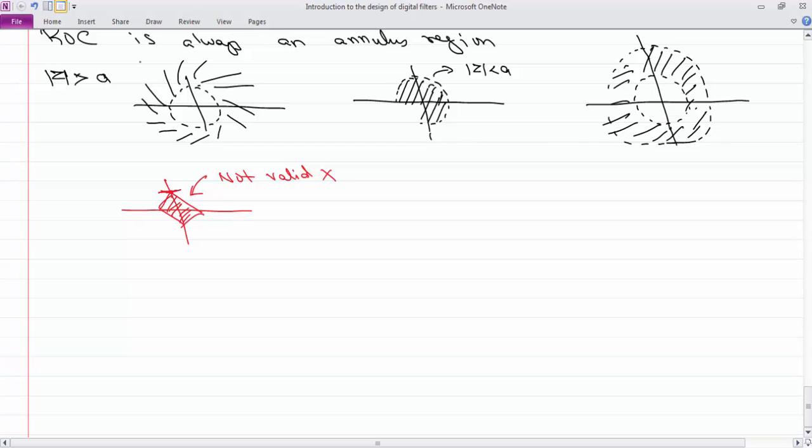So let's find out what is the relationship, and that is a very important thing to find out, because eventually we want to understand the role of Z transform, poles and zeros in the frequency response of an LTI system. So for that, we have to understand what is the relationship between Z transform and the DTFT.